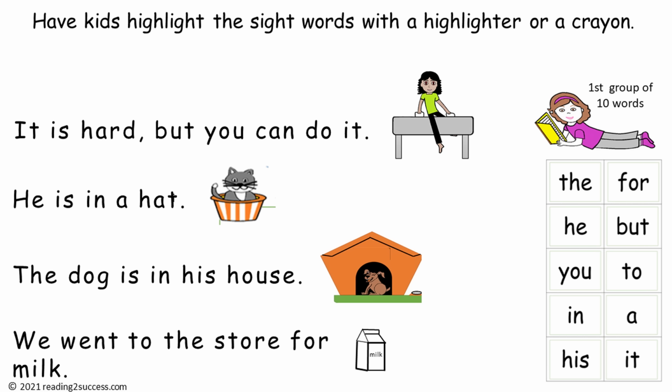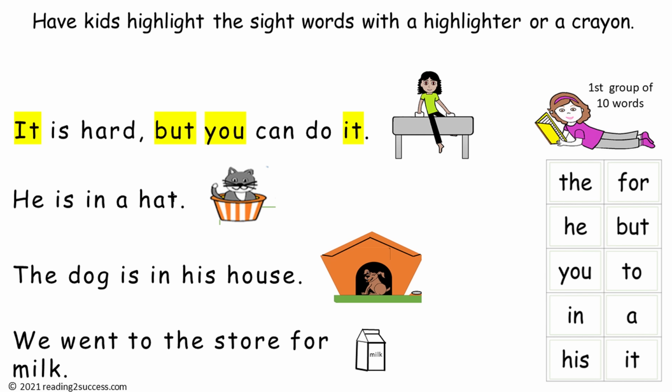Now that kids have practiced the first 10 words in list 1, it is important that they can identify the words and read them in sentences. So this activity has kids highlight the sight words with a highlighter or a crayon in each sentence.